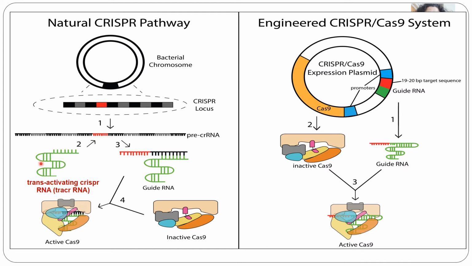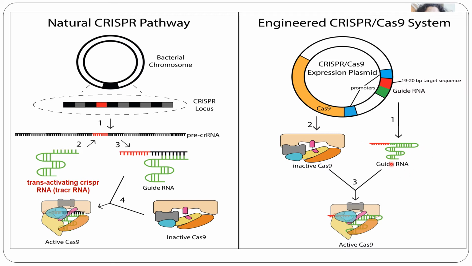So these two steps of tracrRNA and pre-crRNA getting together, pairing together and activating Cas9 are now missing in the engineered CRISPR-Cas9 system, which makes it much easier and it reduces various unnecessary mistakes that could happen while carrying out the editing of the DNA.